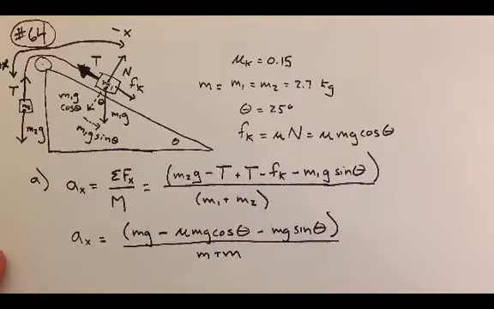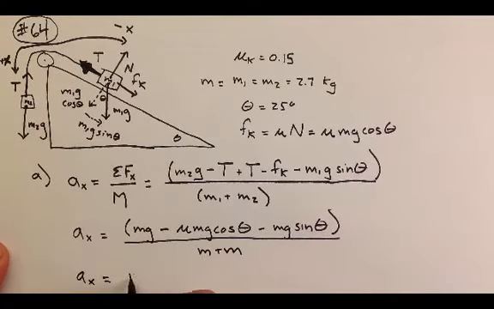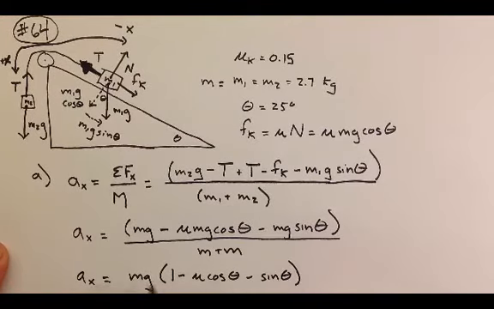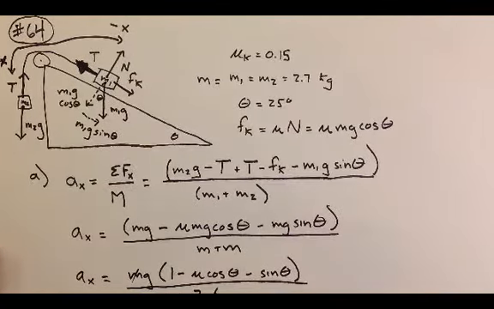Well, we're almost there. I think we just have to do some simplifying here. ax would be equal to, I can factor out an mg out of everything here. And this would be 1 minus mu cosine theta minus sine theta divided by 2m. And my m's would cancel out here.